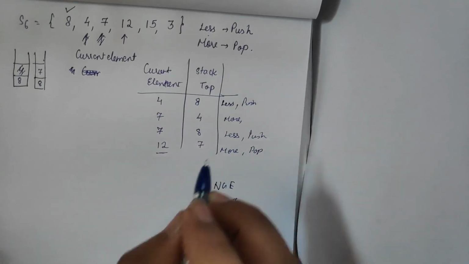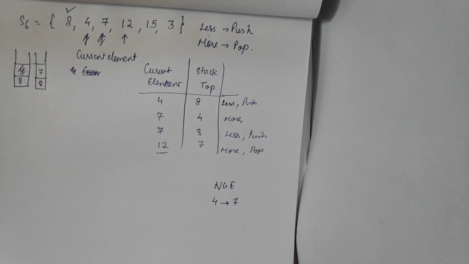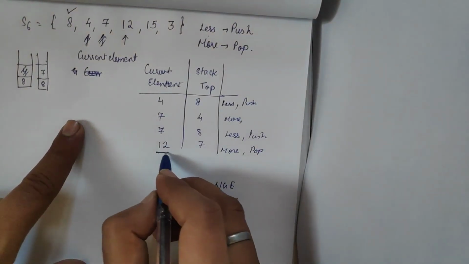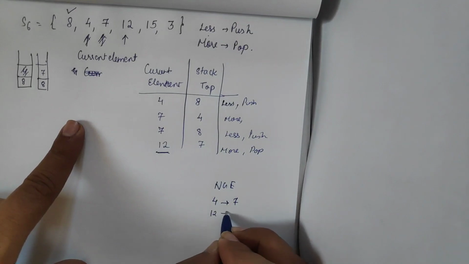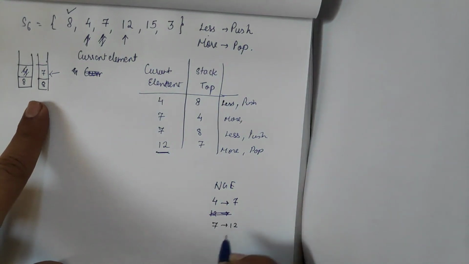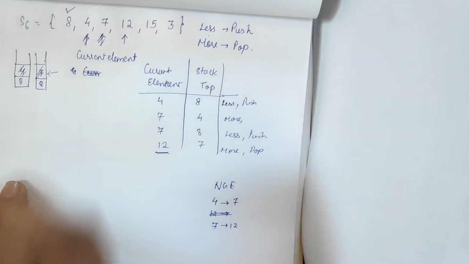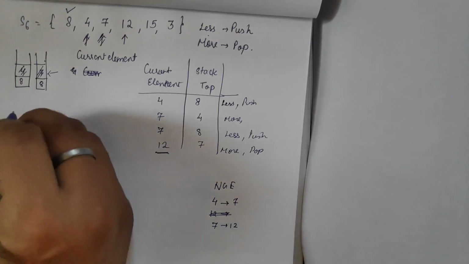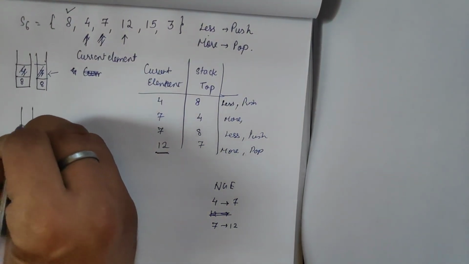More means pop. And keep on popping till either the stack is empty or on the stack top there is a bigger element. So now what happens? 12 is bigger than 7. So for the stack top 7, the next greater element is 12, and then we pop this, right? Now what remains on the stack is only 8.